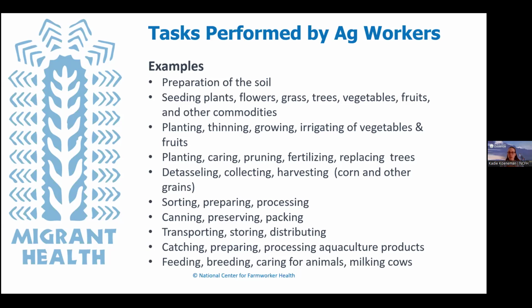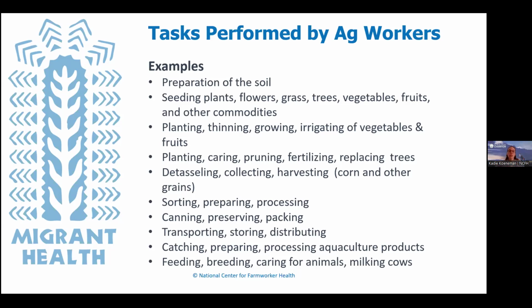That's our language, not theirs. And so agricultural workers may self-identify or describe their work by the tasks that they're performing. So it is important to be aware of the type of tasks and industries that are occurring in your area so that you can better identify and be familiar with the type of work that workers in your area may be doing.